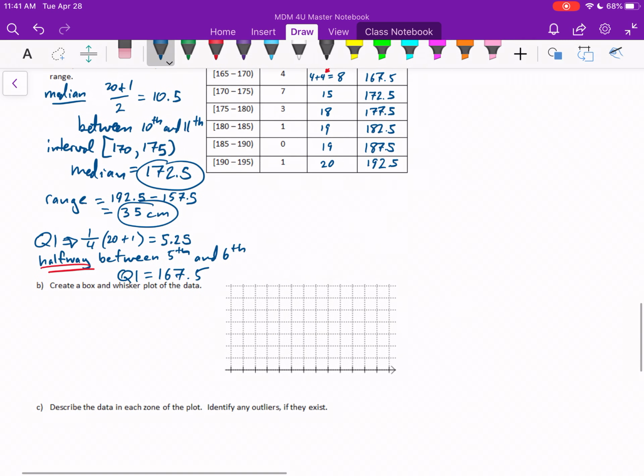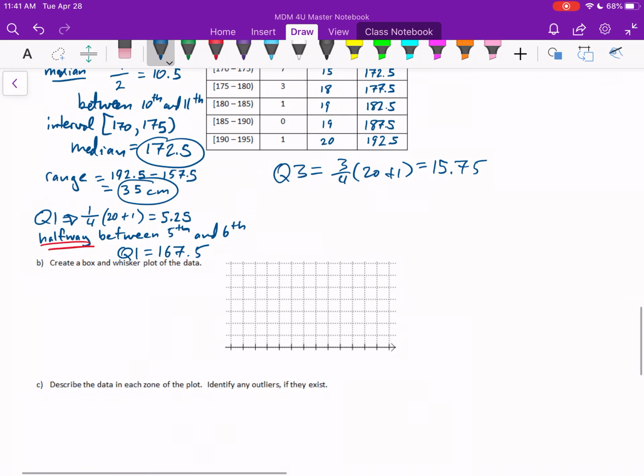Doing the same thing for Q3. We're going to do 3/4 times 20 plus 1. That gives us 15.75, so halfway between the 15th and the 16th.